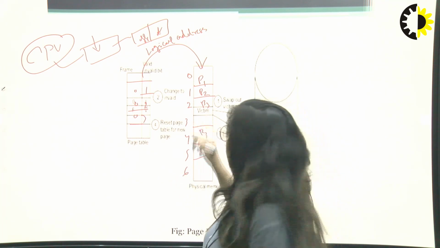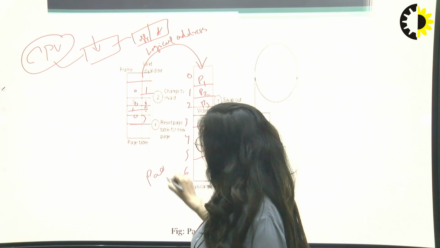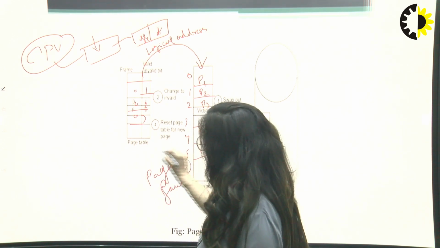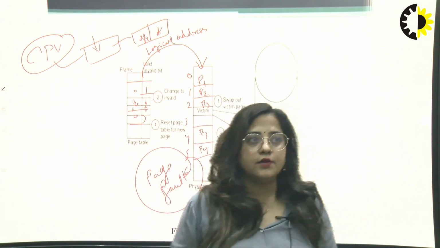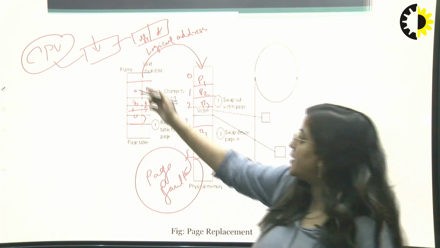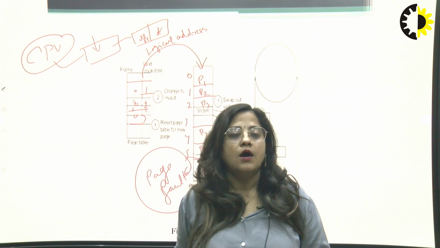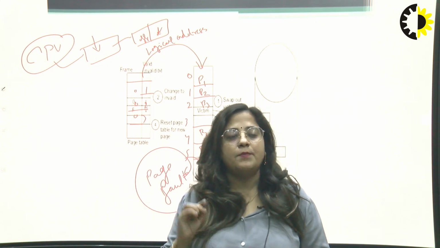So according to this condition, a page fault occurs. A page fault means that the page you want to find in your process using the CPU is not found in your physical memory and your page table. That condition is called a page fault.